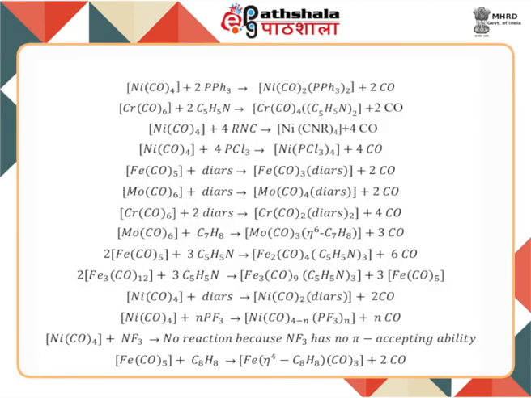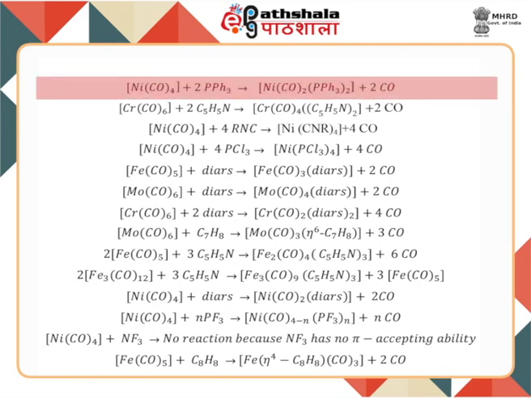Some ligand substitution reactions of metal carbonyls are as follows. In the first reaction, we can see the nickel carbonyl complex on reaction with triphenylphosphine undergoes substitution giving Ni(CO)2(PPh3)2 and releasing 2 carbon monoxide molecules.